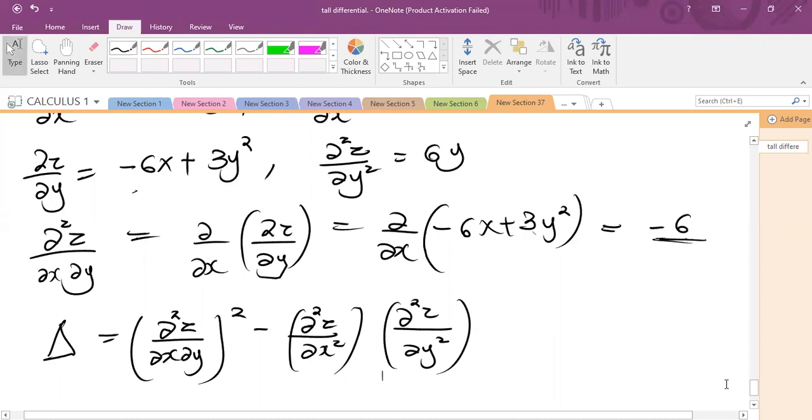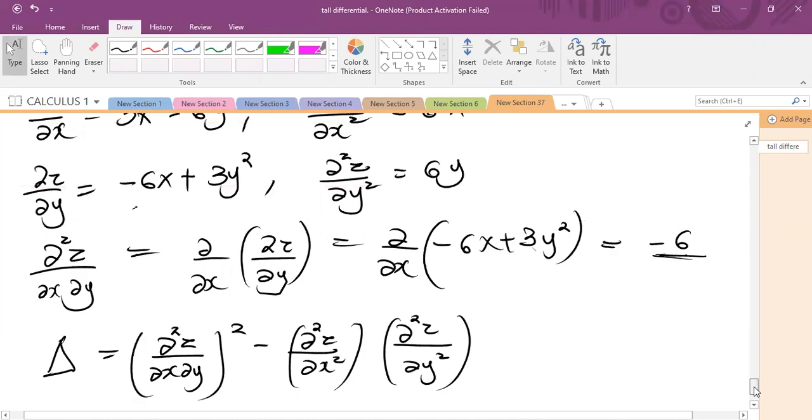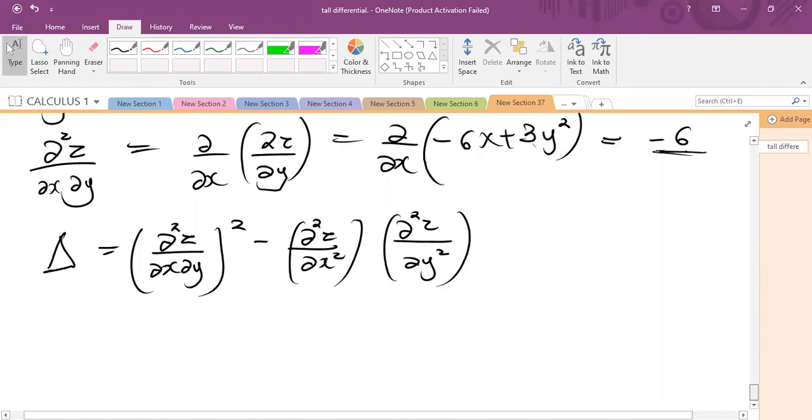This is going to help us determine whether it's a maxima, minima, or a saddle point. Now we already know the value for this first one. It is minus 6.